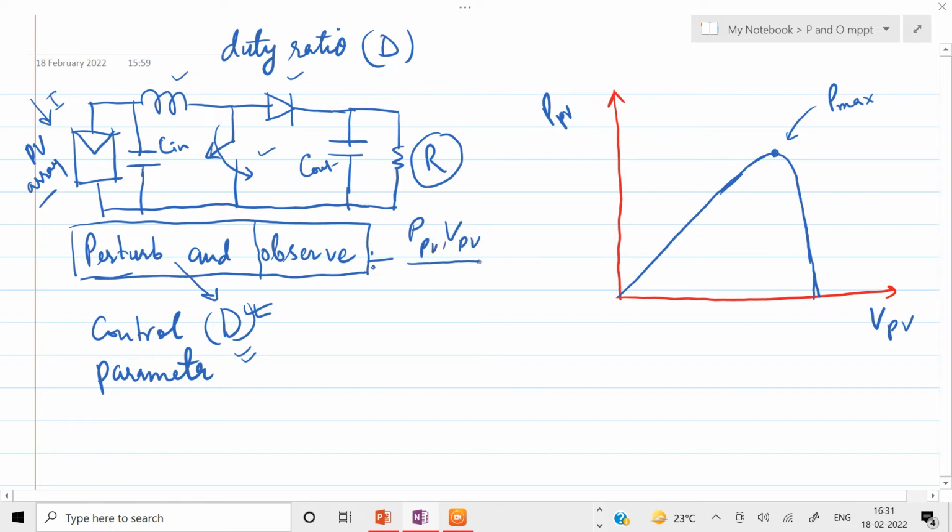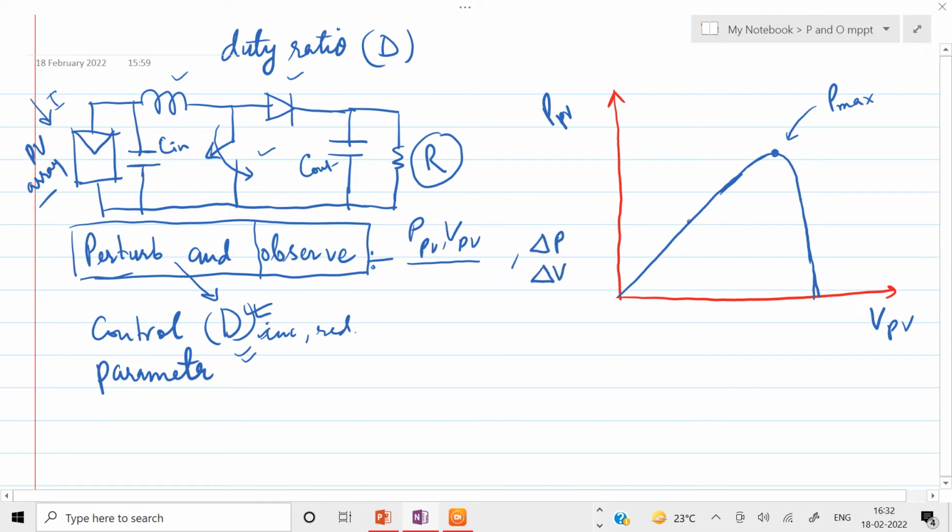These things would be observed, and a decision has to be made whether we have to increase D or reduce D. That decision is based on the values of delta P and delta V.